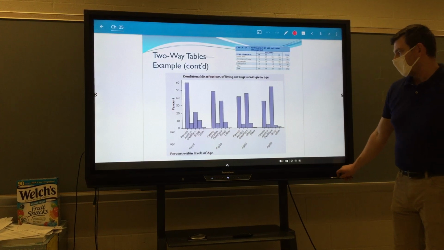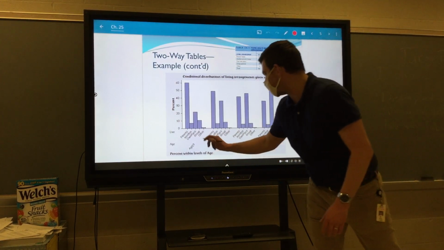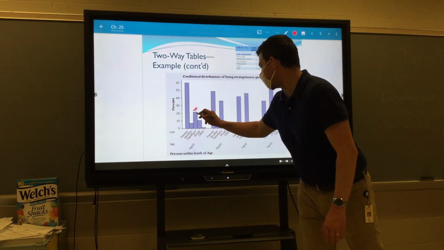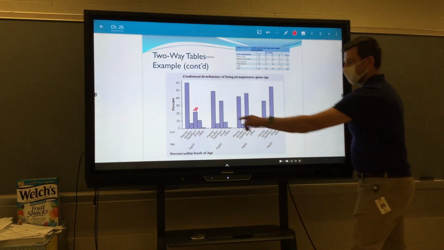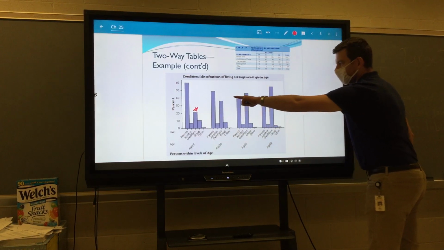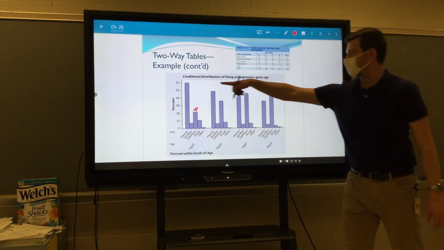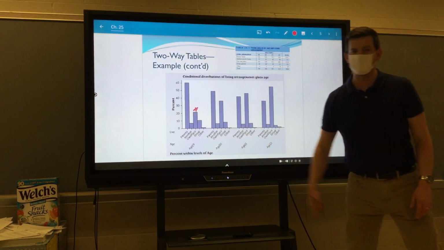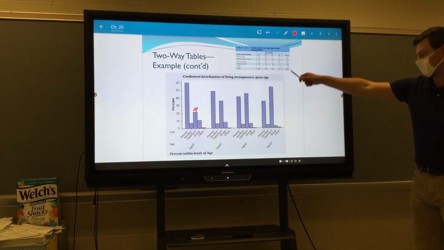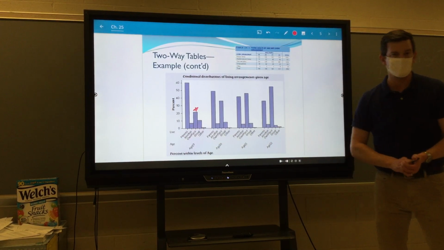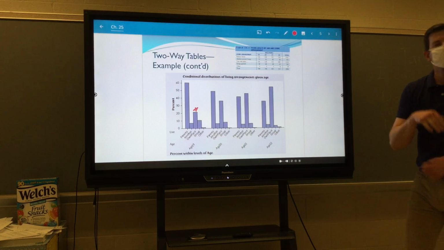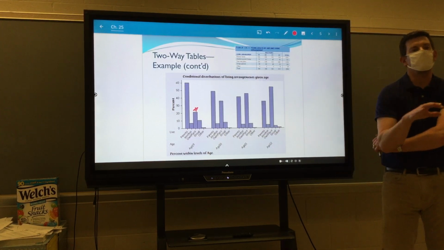Additionally, we can see that the people who own their own place, the third column, starts pretty low, and it continues to go up and up, almost to the same level of the percentage of the 19-year-olds living with their parents, almost to 60% by the age of 22. So we can see these changes across the categories.